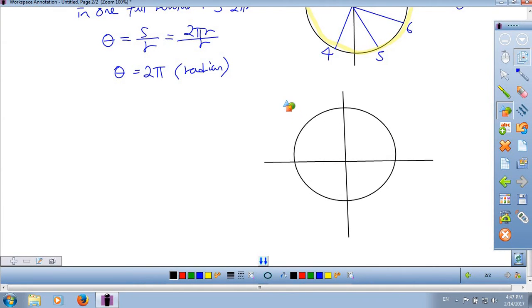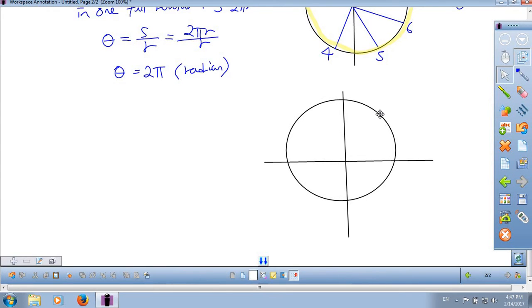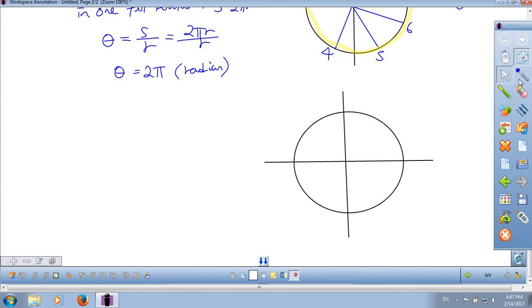Let's take a look at some very easy examples here. Before we start the revolution, we have 0 radian. After we complete the whole revolution, we have 2 pi radian. So half of the revolution, from positive x to negative x, is pi radian. And half of the half revolution, half of 1/2, is a fourth.